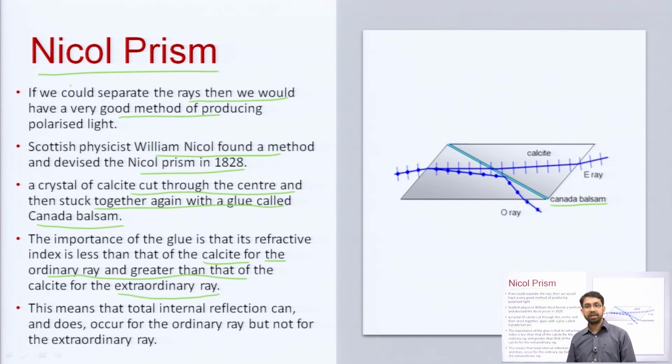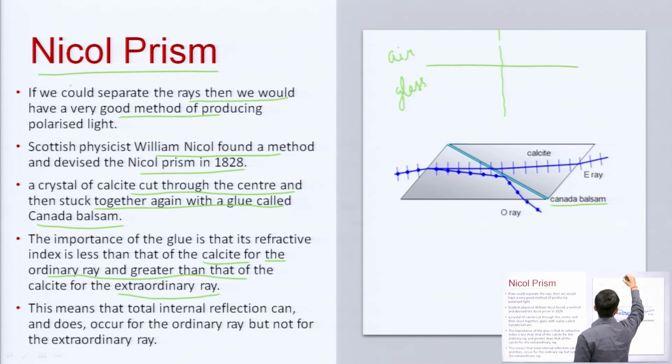It occurs when a light ray falls on a surface at an angle that is greater than the critical angle. For example, let me explain total internal reflection. This is a surface, this is air, this is glass, normal.